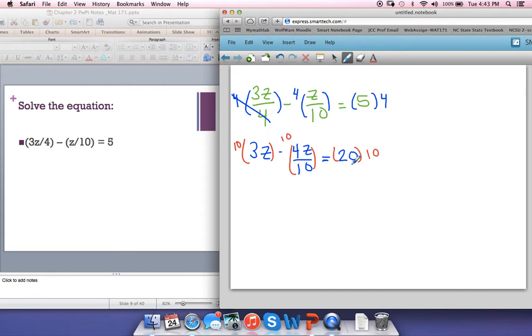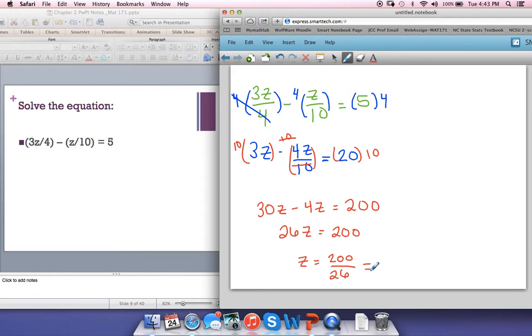Okay, 10 times 3z is just 30z. 10 and the 10 cancel out, leaving me with 4z. And 20 times 10 is just 200. 30 minus 4 is 26z. Equals 200, and z equals 200 divided by 26.